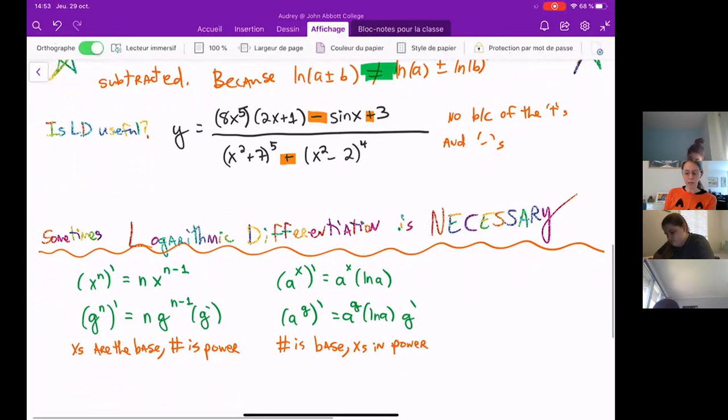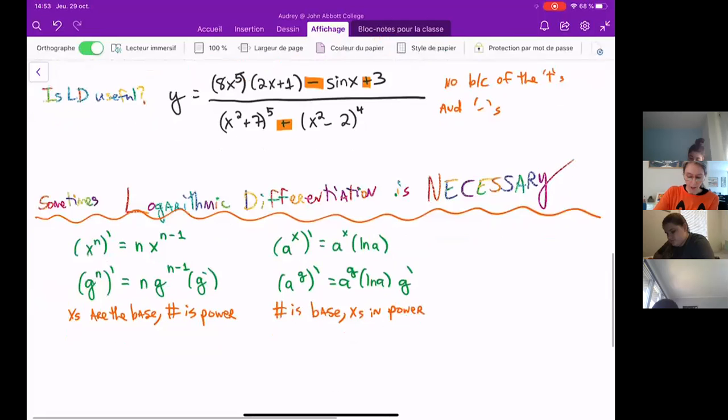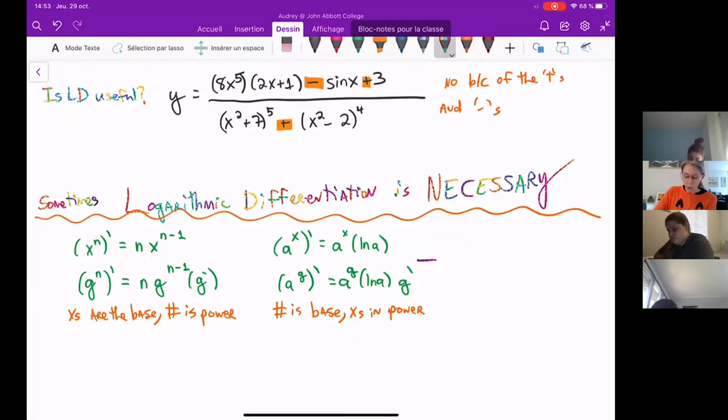So the new question is, in both of these cases, I have numbers. In the first case, I have a number as the power. In the second case, I have a number as the base. But what if I don't? What if I have a function to the power of a function? So what if both of the things are functions?